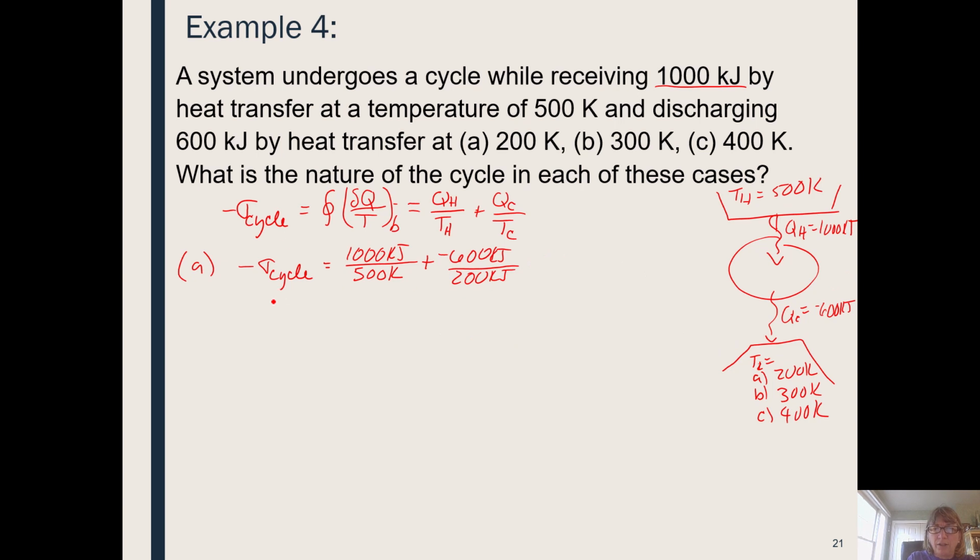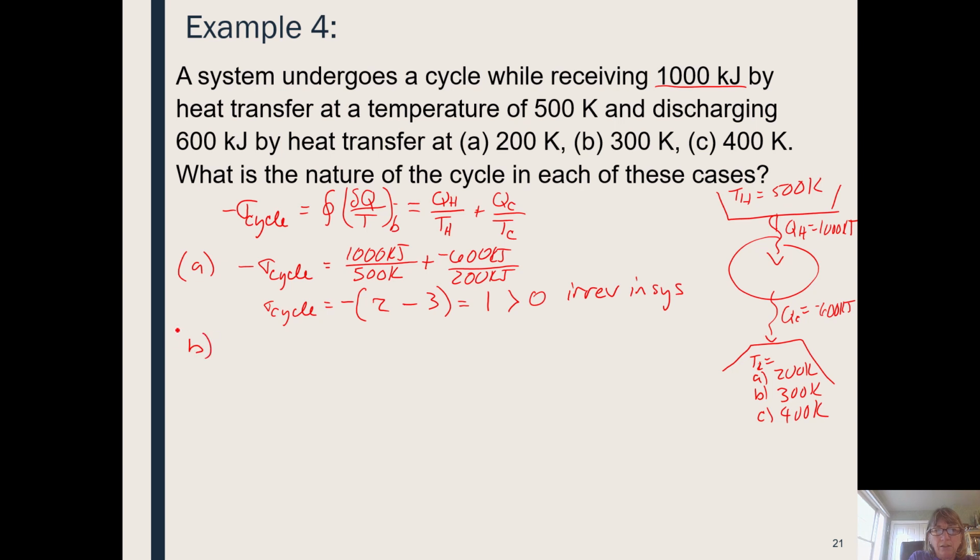And if I bring my sign over, 1,000 divided by 500 is 2, minus 3. 2 minus 3 is minus 1, but there's a minus here, so this is 1. Since this is greater than 0, we have some irreversibilities present in our system.